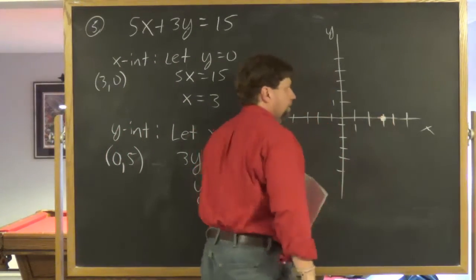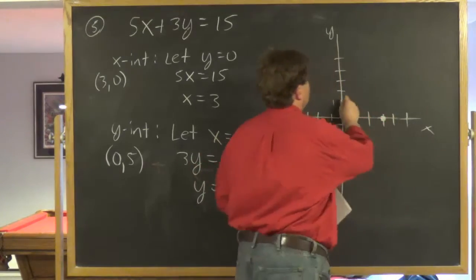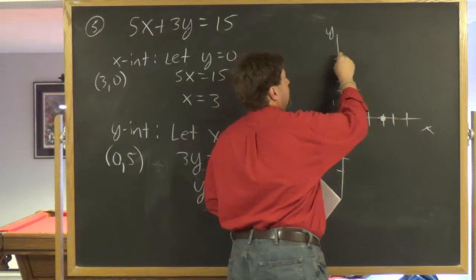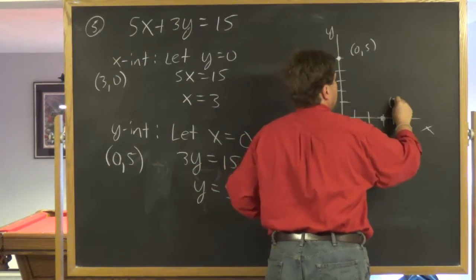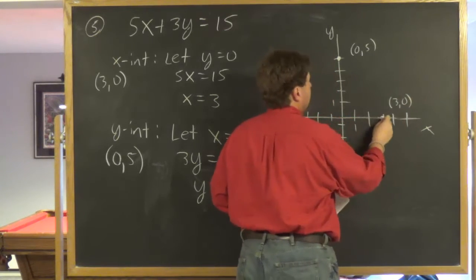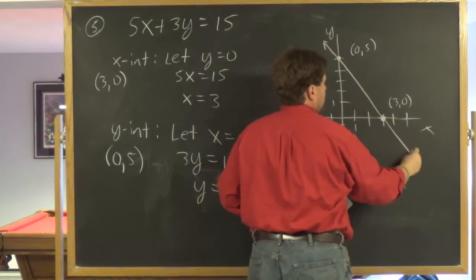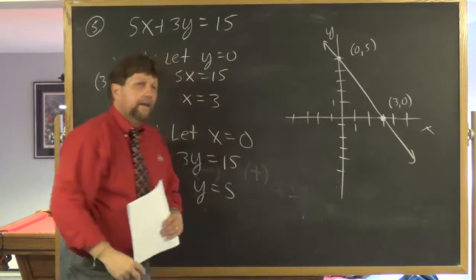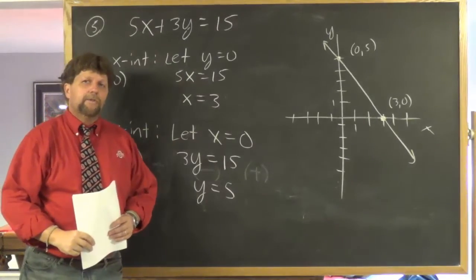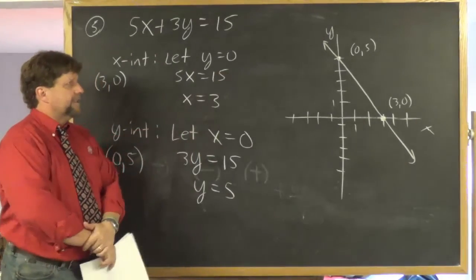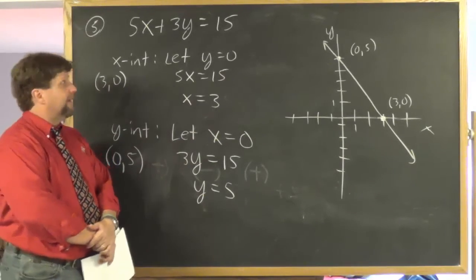The y-intercept is (0, 5), so that's right here. Draw a line through those 2 points. And that's it. That's the graph of the linear equation 5x + 3y = 15, with the x-intercept and y-intercept labeled. So that's it for number 5.